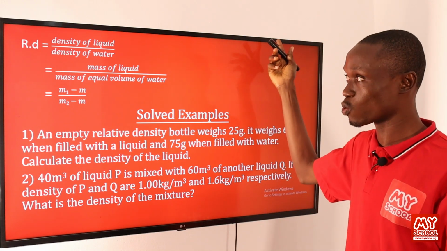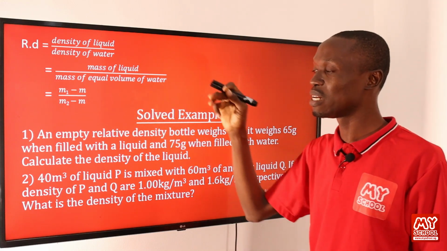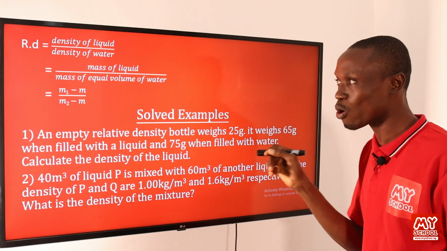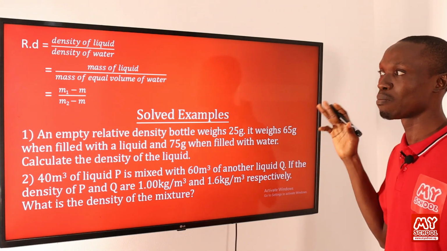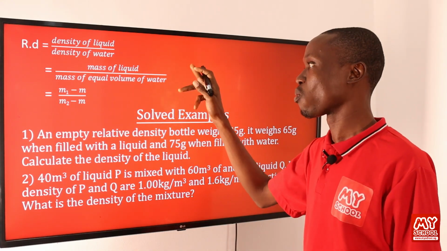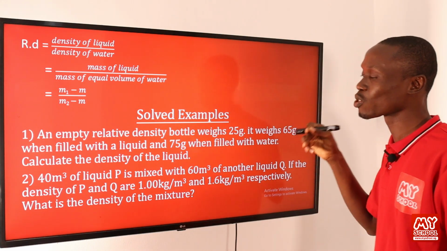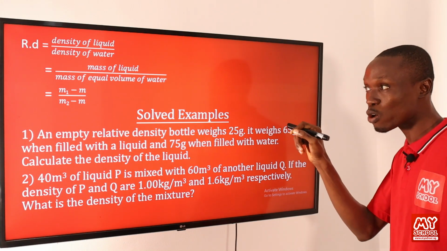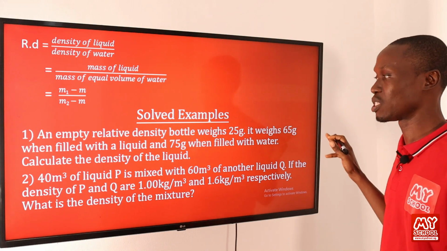So from the experiment we performed above, the mass of the liquid will be the mass of the relative density bottle plus the liquid, minus the mass of the empty relative density bottle, which is M. That gives us the mass of liquid, while the mass of an equal volume of water will be equal to the mass of the relative density bottle plus water, minus the mass of the relative density bottle when it is empty.